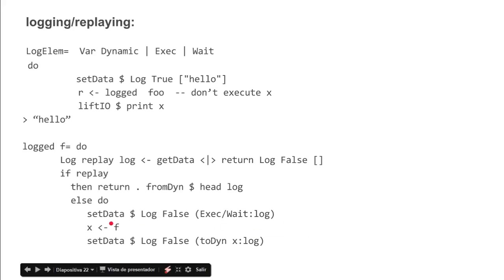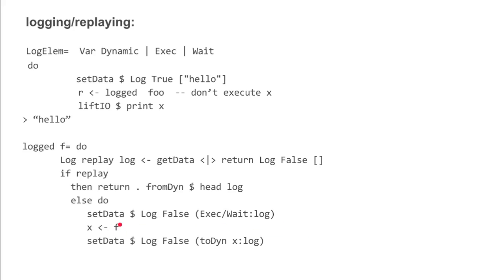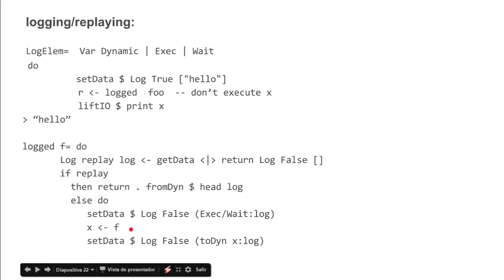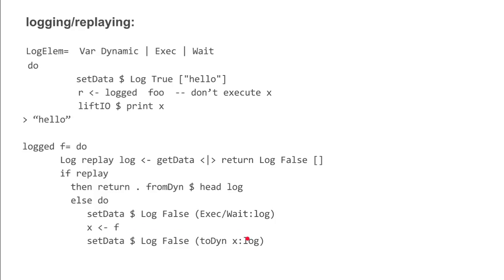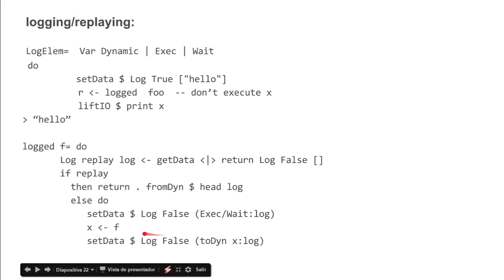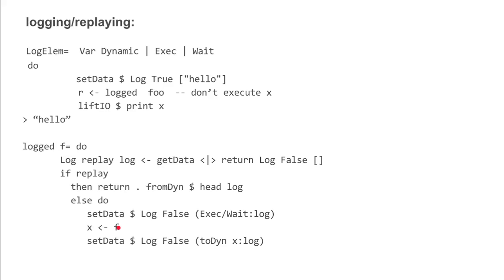What I mean is that this computation can generate a long log and can be very complicated. But at the end, all this log generated by F is discarded, and only the result is put in the log. So that's a good property, because the log doesn't grow very much. Only the top level results are stored.